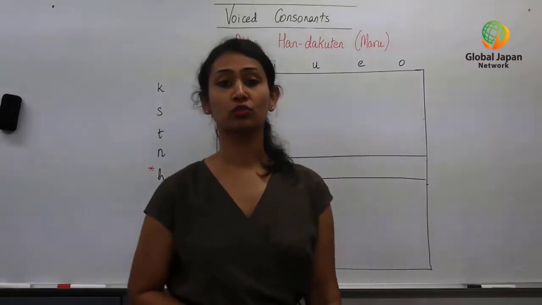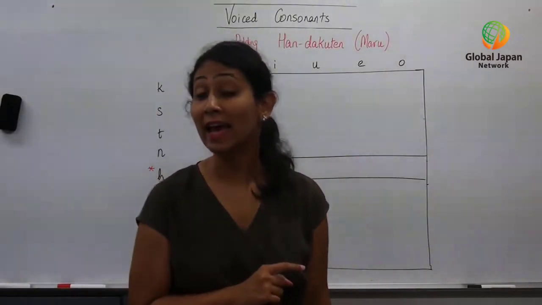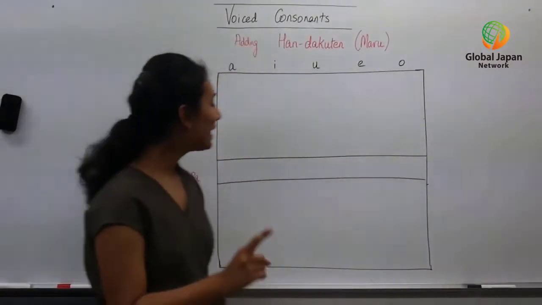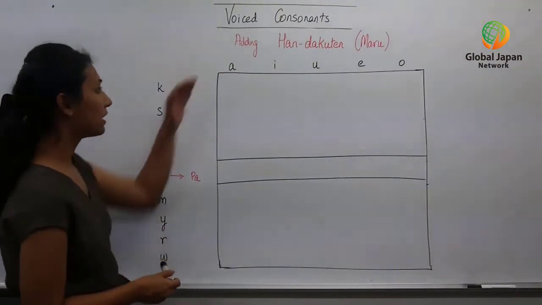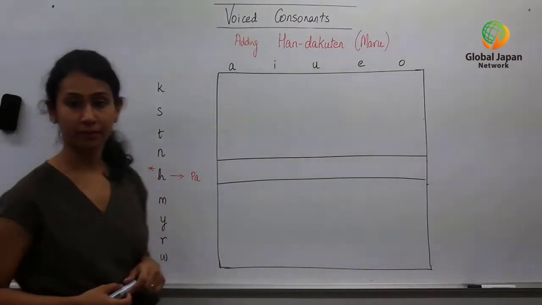Converting consonants into voiced by adding handakuten, also called maru. Only one single consonant line comes under this category, which is the ha line.